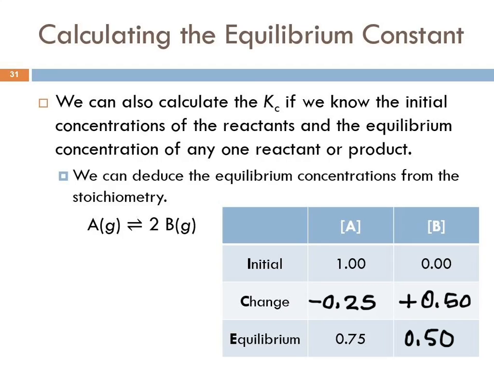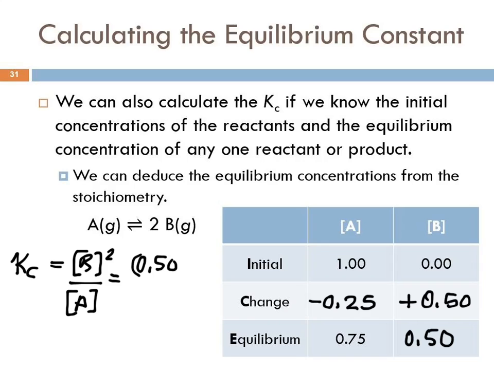Now what's the equilibrium constant? Kc equals B squared over A, right? Always write that out first, and then put the numbers in. So we've got 0.5 squared divided by 0.75.